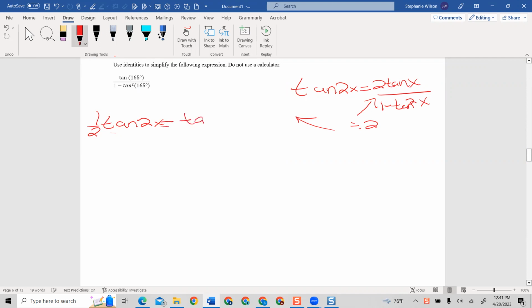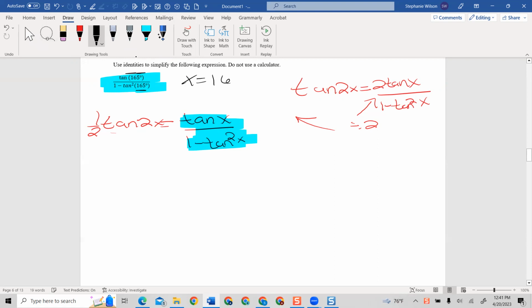So this is going to be this, right? And if you'll look, this part here is this. The only thing is that we actually have a value for our x, which is in degrees. My x is 165 degrees. And what do we know? We know it's 2x, right? 2 times x.